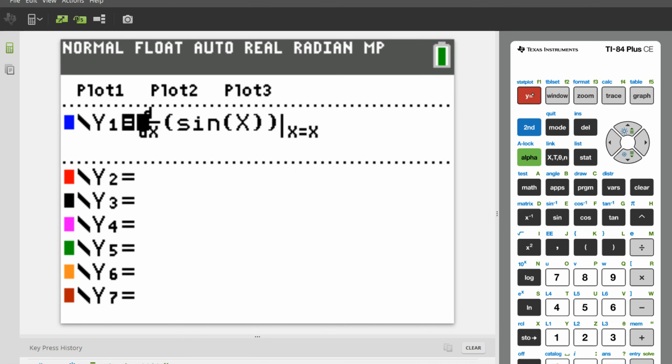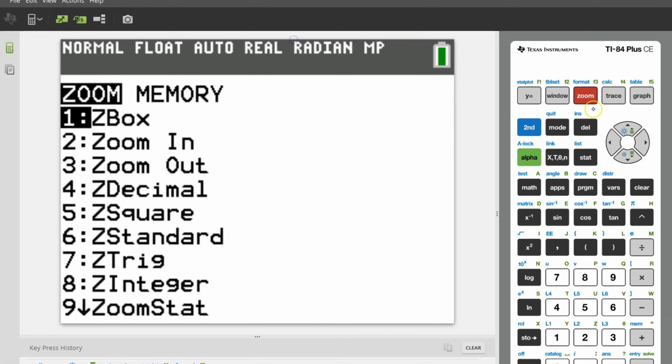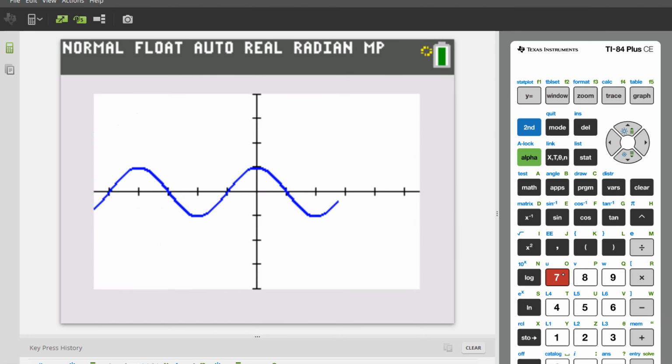If you're graphing trig functions, it often is helpful to use zoom and then trig. Do you see number 7 says ZTrig? So we're going to do zoom and then 7. And here we go. This is the graph of the derivative of sine. And I want to pose a question. Does this graph look familiar? What does this graph look like? Go ahead and tell me.